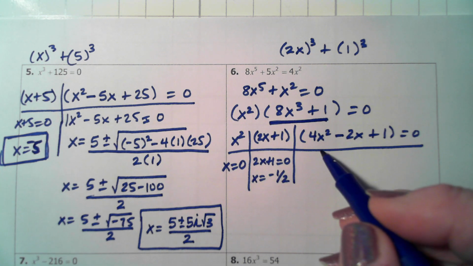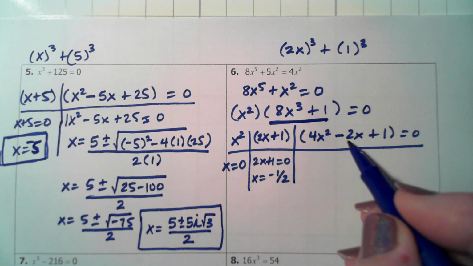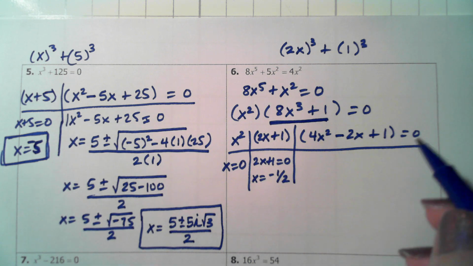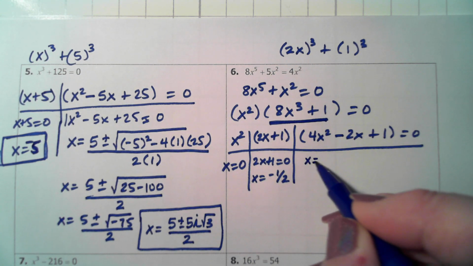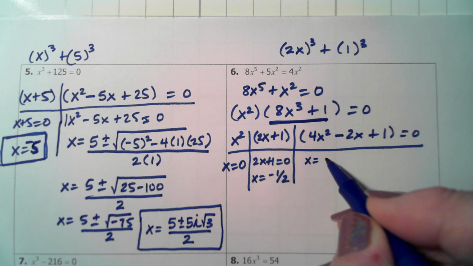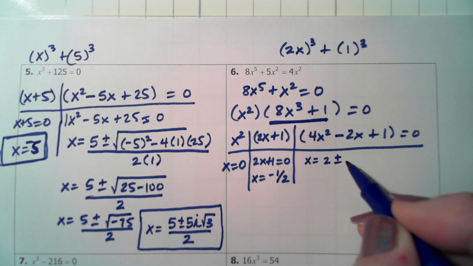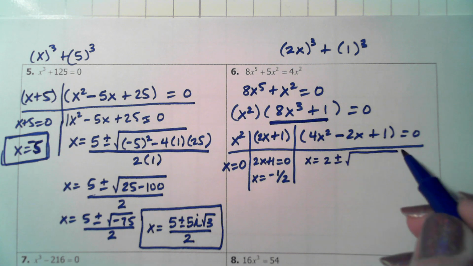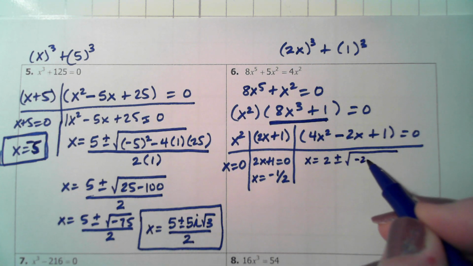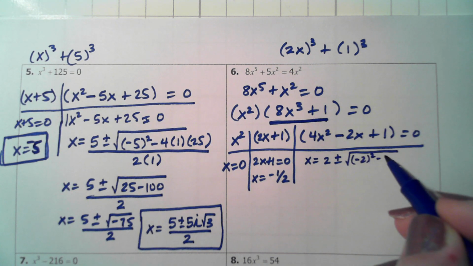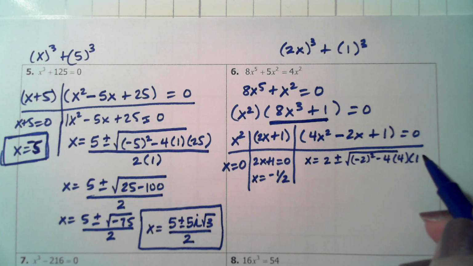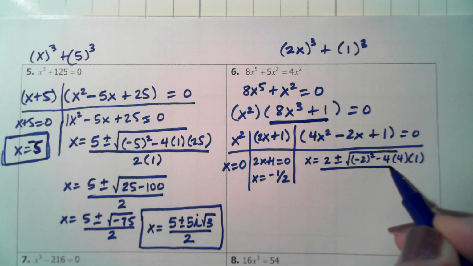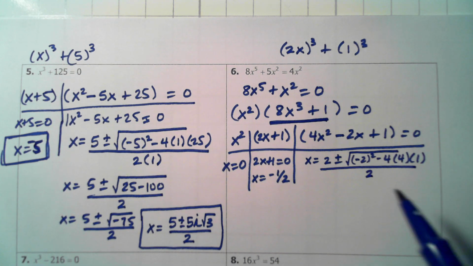For this one, we're going to need the quadratic formula. Since we've got 4x squared minus 2x plus 1 equals 0, you can see it all right there. My quadratic formula is x is equal to negative b, so positive 2, plus or minus the square root of b squared, negative 2 squared, minus 4 times a, which is 4, times c, which is 1, all over 2.